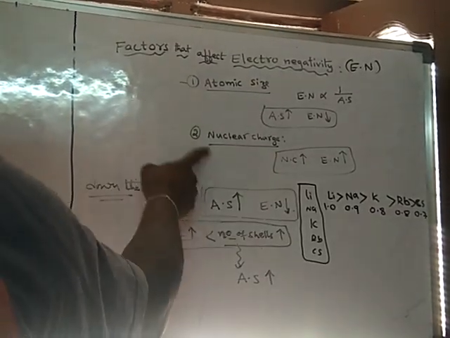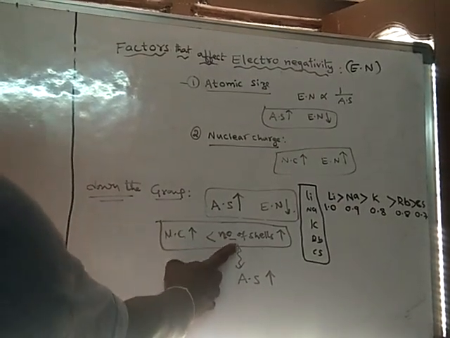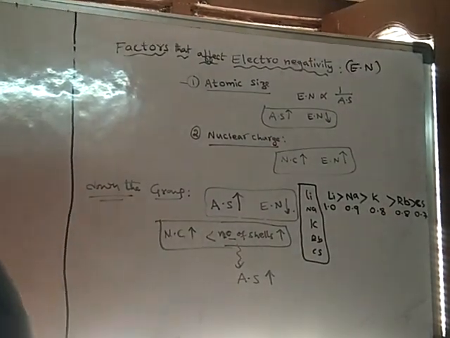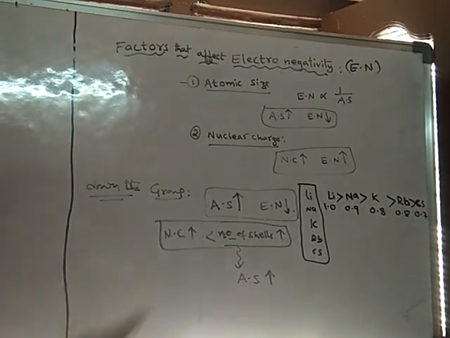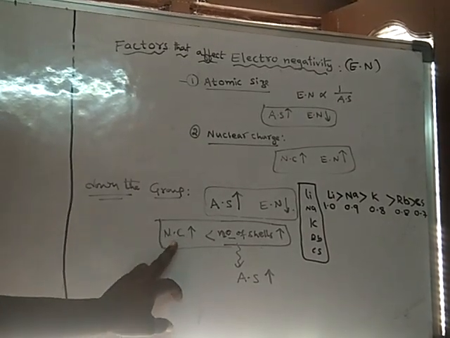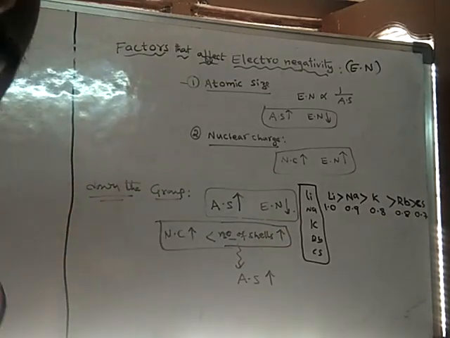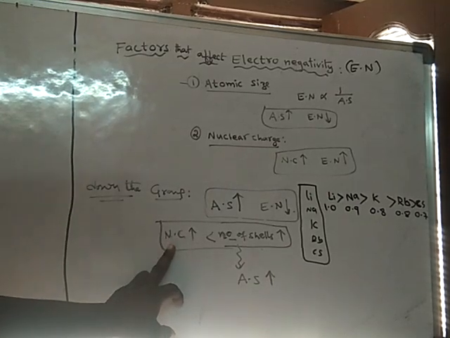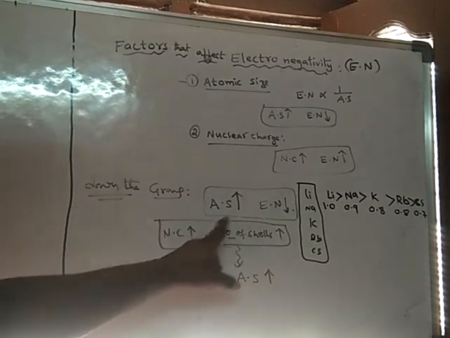When compared to the increase in nuclear charge, the increase in number of shells will dominate. Both things are happening: there is an increase in nuclear charge as well as an increase in number of shells. But the increase in number of shells will show more effect than the increase in nuclear charge. So this effect is dominating.